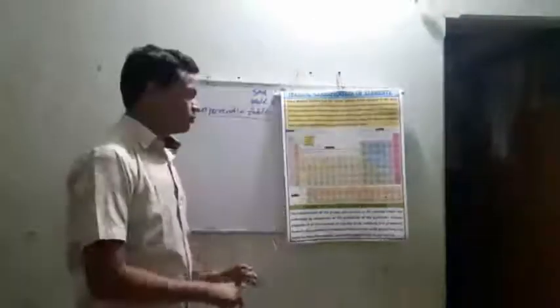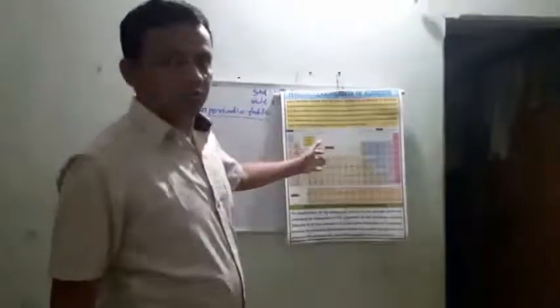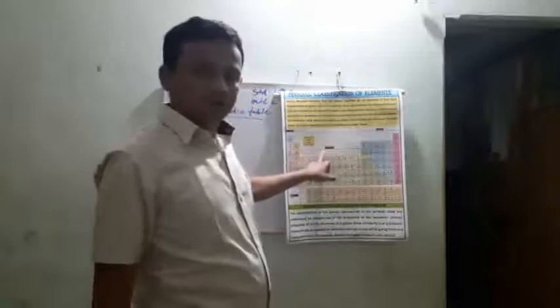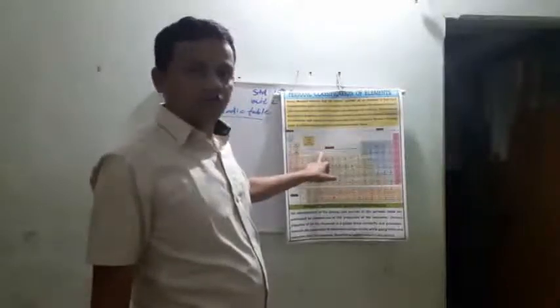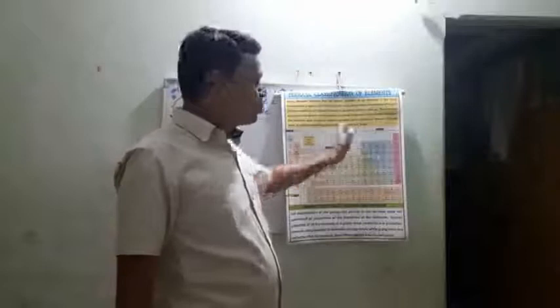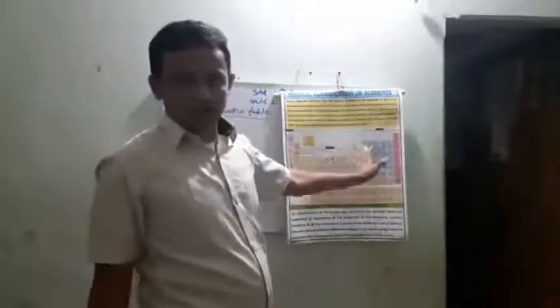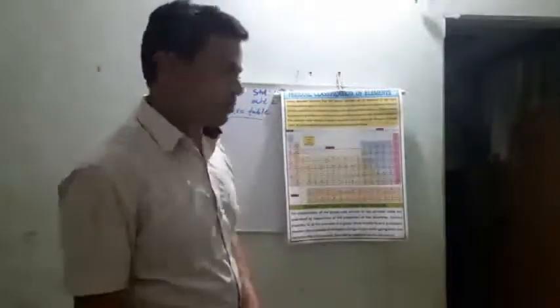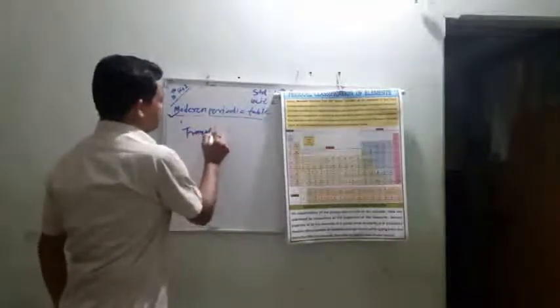Now next one. We have seen that the D block elements, that is the elements present from group 3 to group 12, are known as transition elements. Why are they known as transition elements?